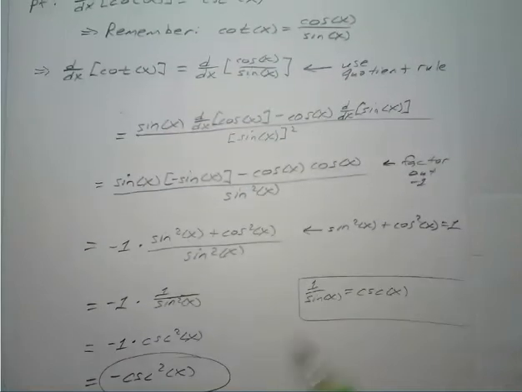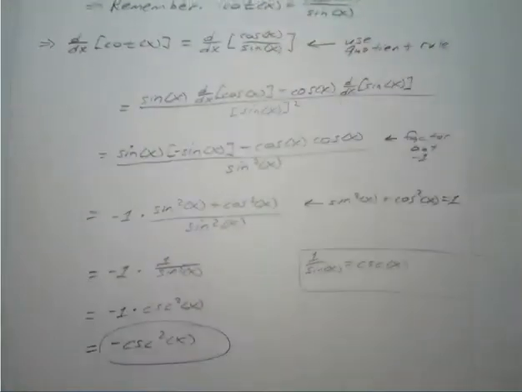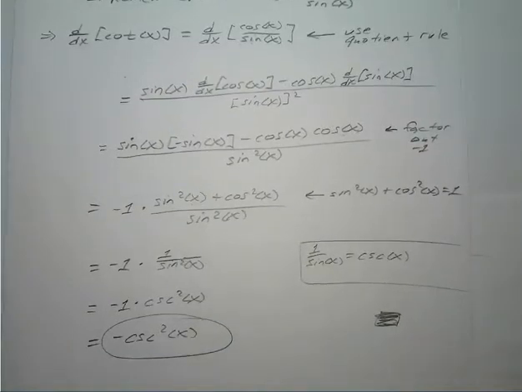Okay, which is exactly what we have up here. All right, so if you are still writing, feel free to press pause. But now we're going to prove the derivative of cosecant.